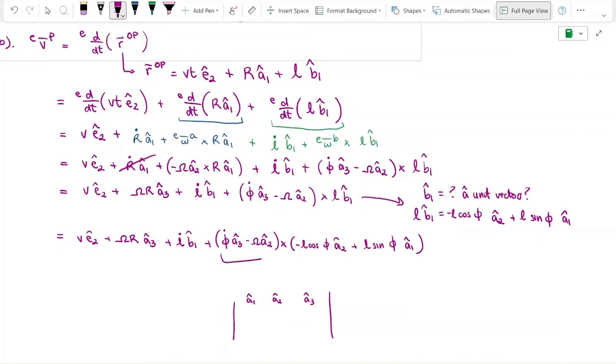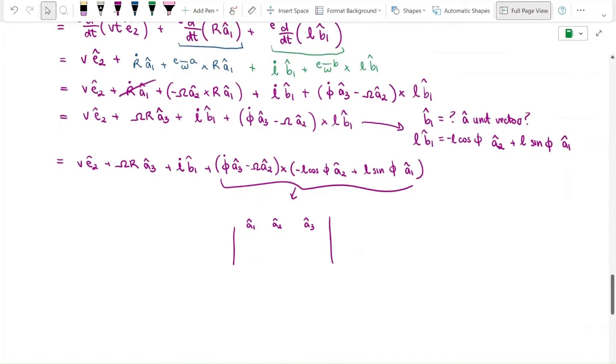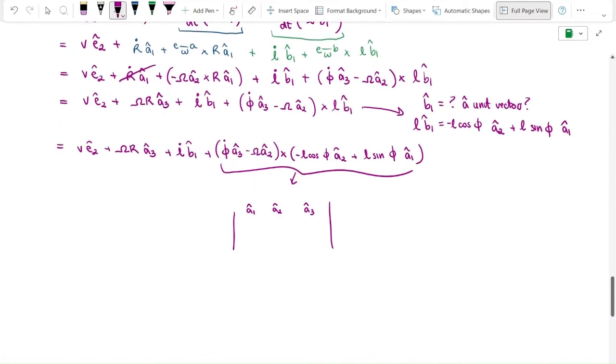Okay, so I'm going to use the determinant method for this because I don't trust myself anymore. I plug the first term into the first row, so this gives me 0, negative omega, phi dot. Then I plug the second term into the second row, so this is L sine phi, negative L cosine phi, 0.